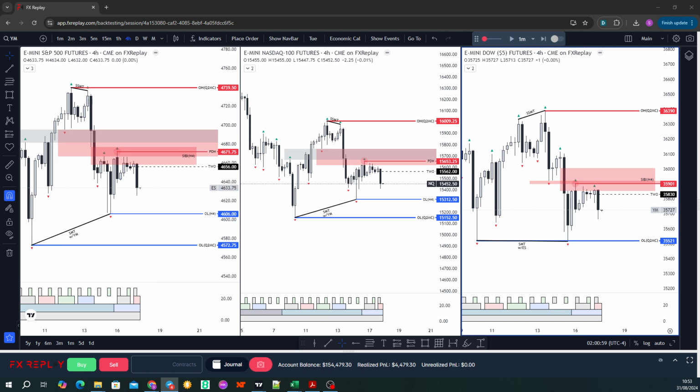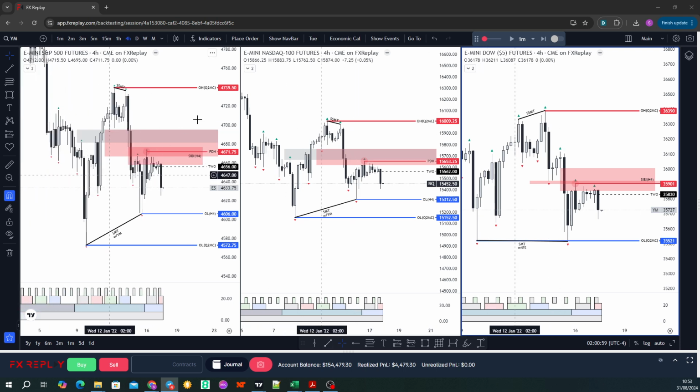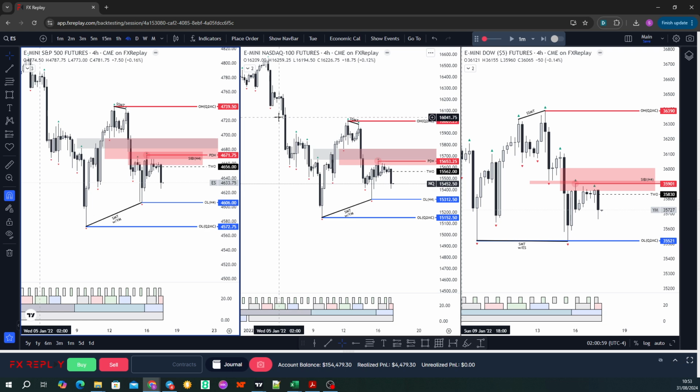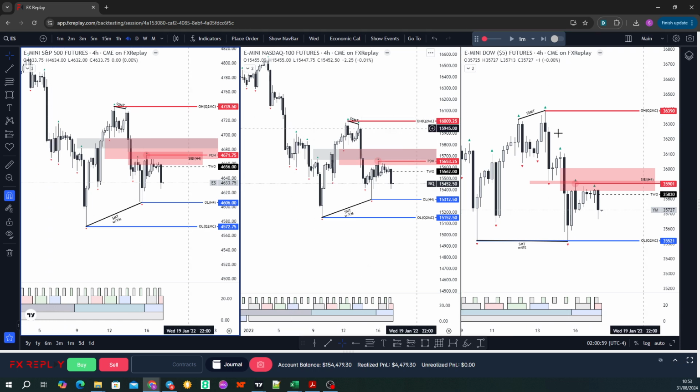Right. Which, as we can see, formed inside a high time frame PD array.